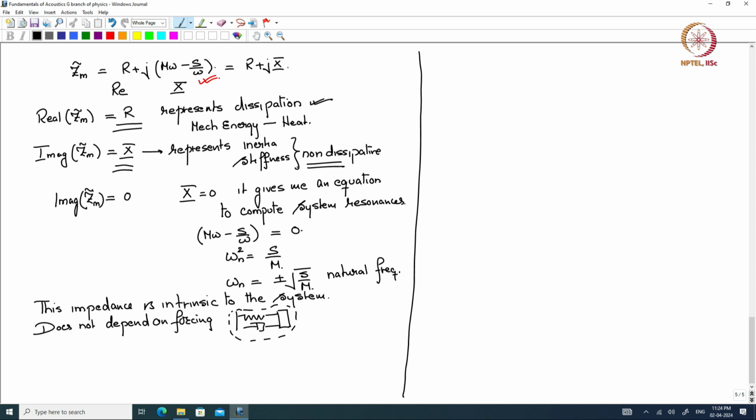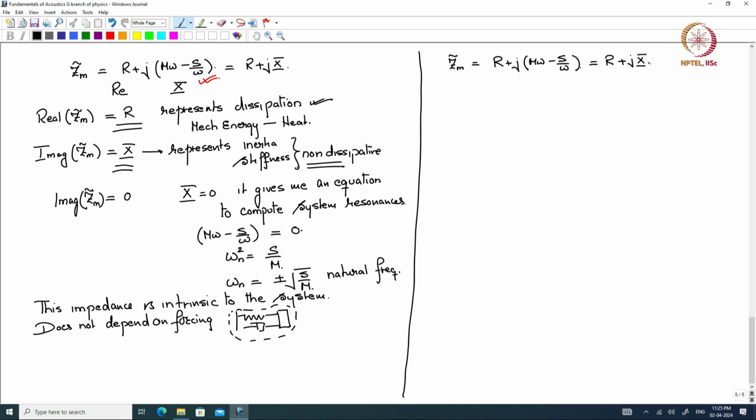We had seen that the mechanical impedance of this particular system is given by R plus j(M omega minus S over omega), also R plus jX in a symbolic fashion.